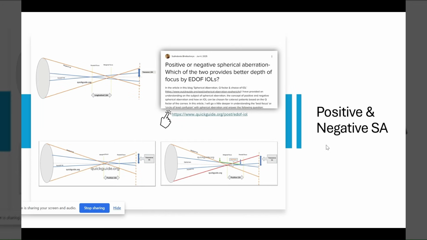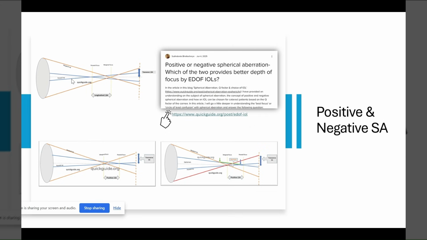Now, before we understand how these lenses work, it is important to understand what is a positive and what is a negative spherical aberration. The positive spherical aberration is one where the marginal rays of light are falling before the paraxial rays of light, and the negative spherical aberration is one where the marginal rays of light are falling beyond the paraxial rays of light.